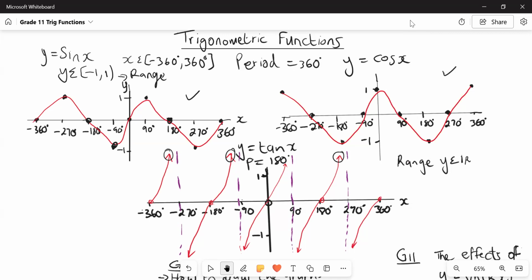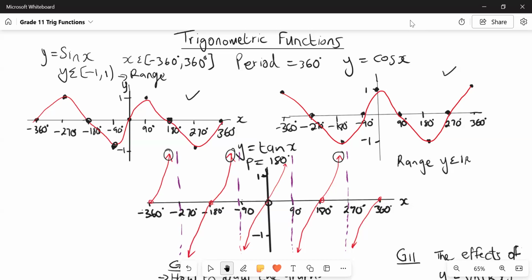Family, today we are meeting again and we are now focusing on grade 11 trigonometric functions. We've already explained how to draw the graphs in grade 10. So at least you need to know the original graph of sine, cos, and tan, period, range, amplitude, right?